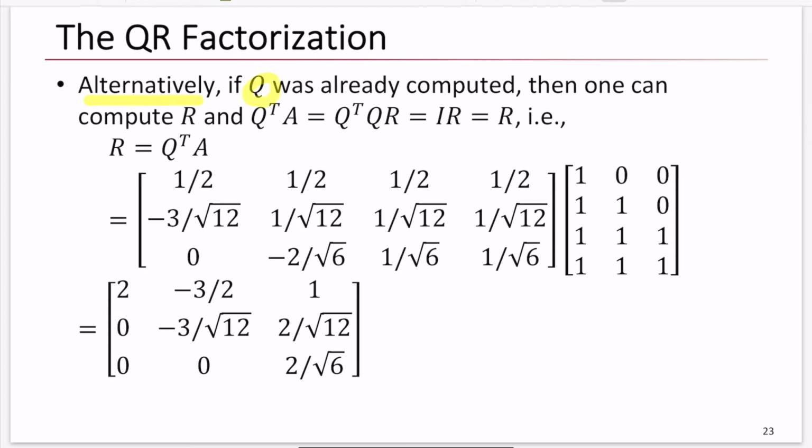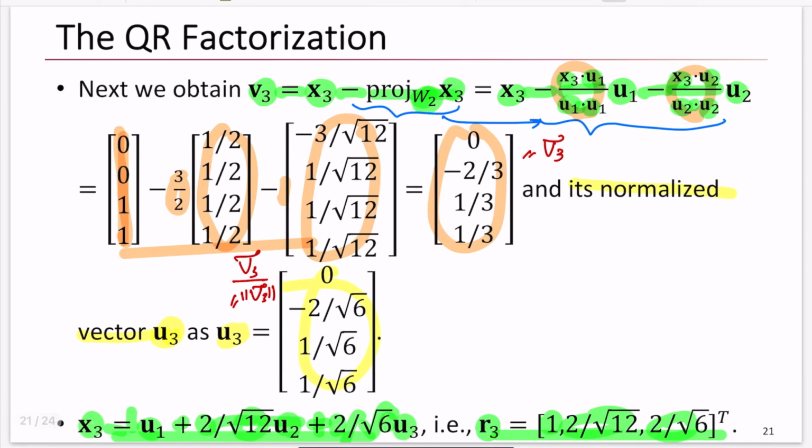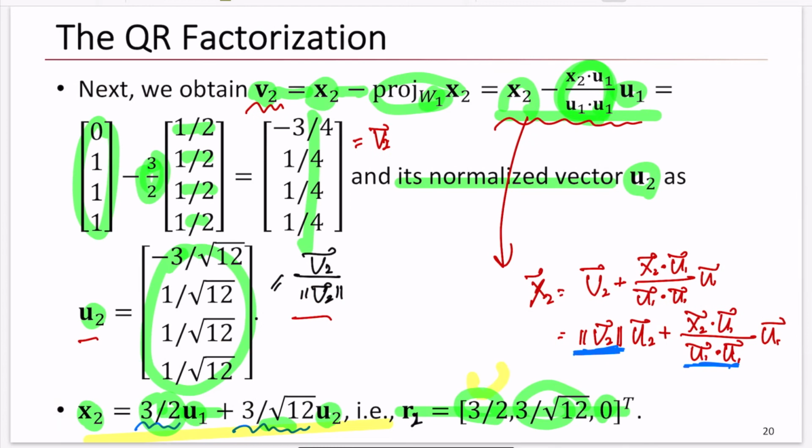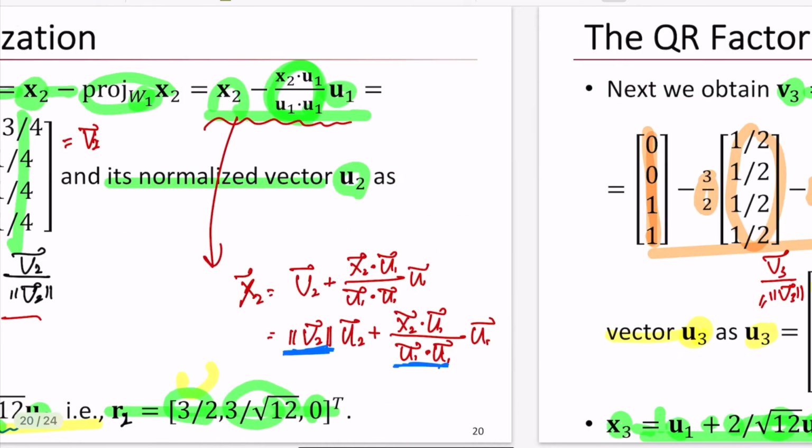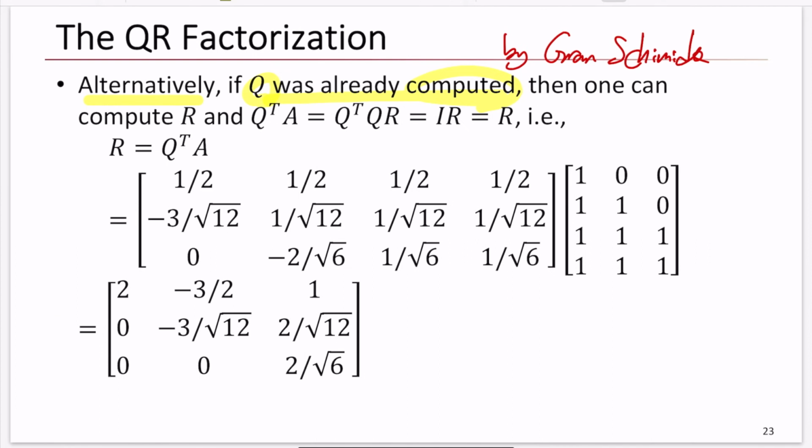Alternatively, if Q was already computed by the Gram-Schmidt process, instead of computing the vectors of R here and here and here, which is very complicated, one can compute R as Q transpose A equals Q transpose QR, which is the I times R, which is R. Why?